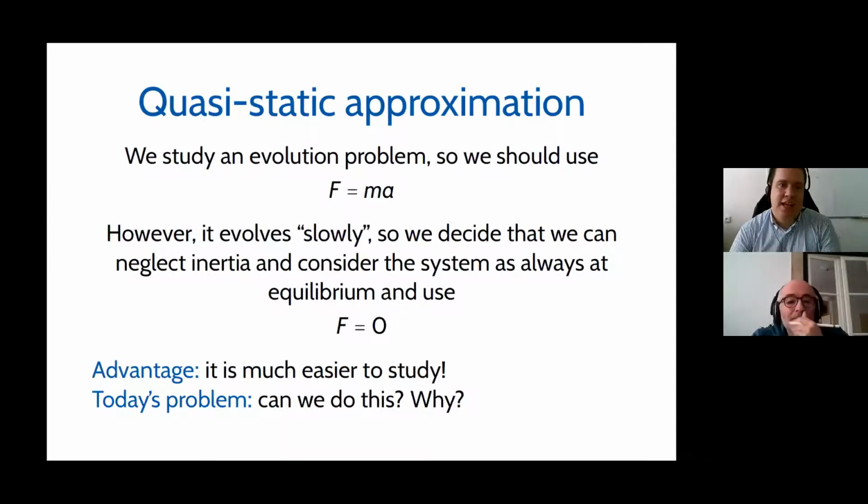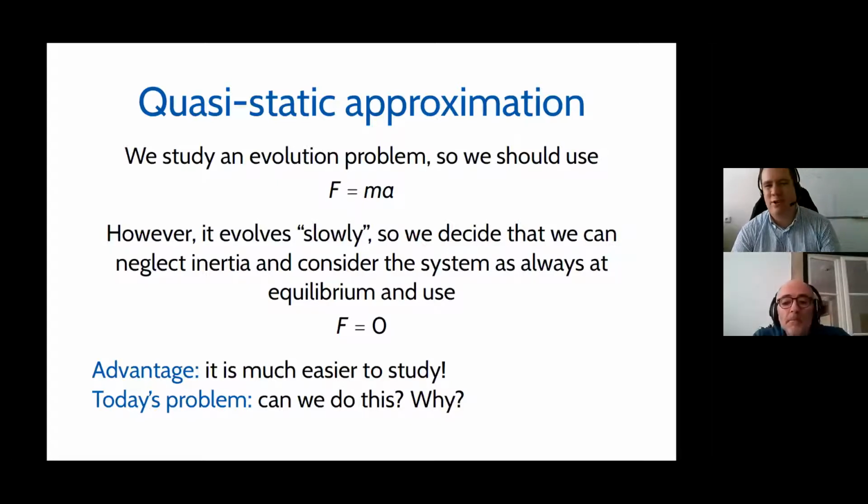What we discuss today is the quasistatic approximation. Maybe you have seen it in statistical mechanics or thermodynamics, and some of you have surely worked with it also for normal mechanical models. What is it? The idea is, we have an evolution problem, so we should use F equal to ma.